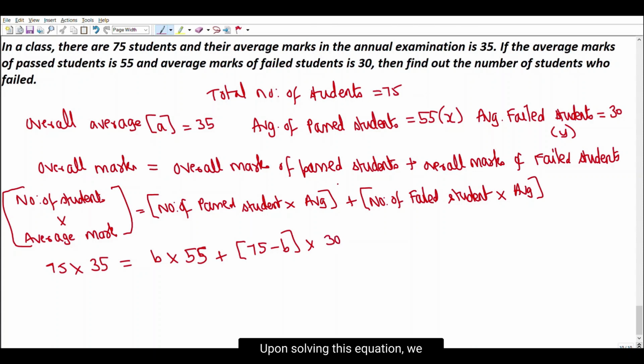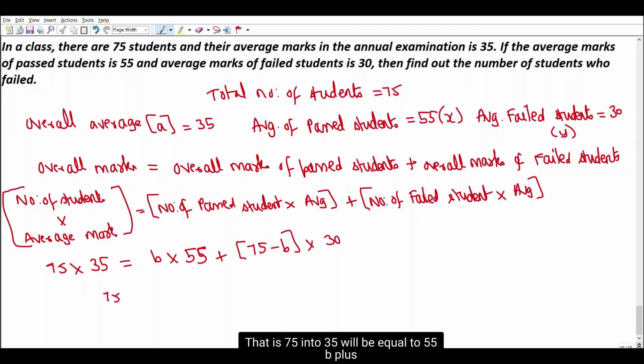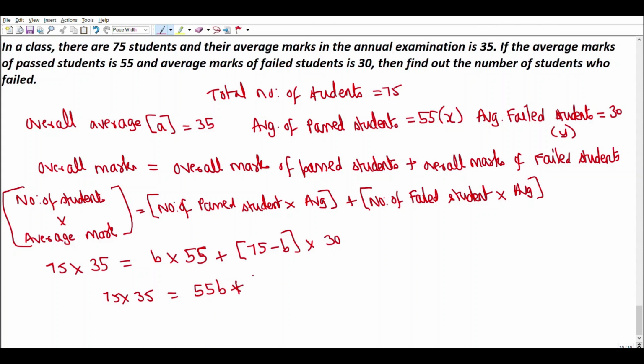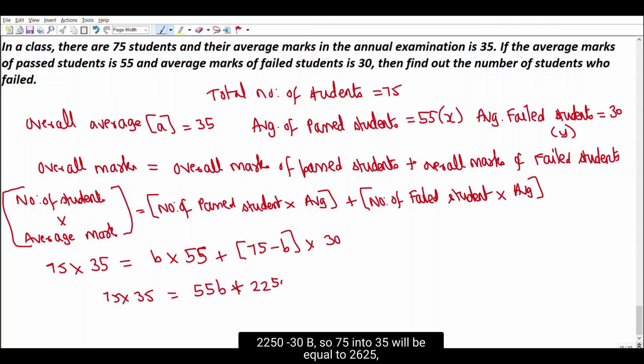Upon solving this equation, we will find the answer. 75 into 35 will be equal to 55B plus 2250 minus 30B.